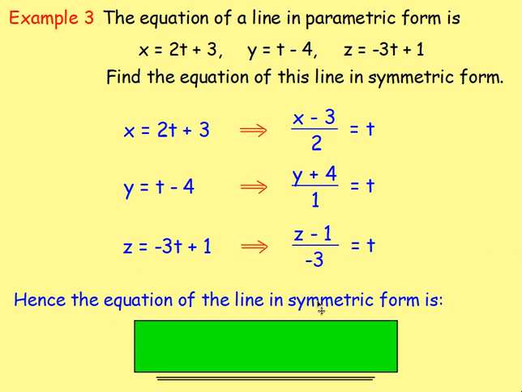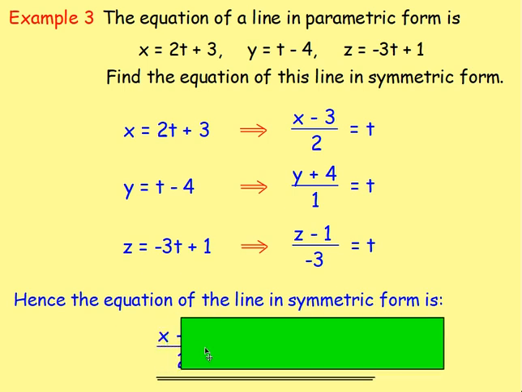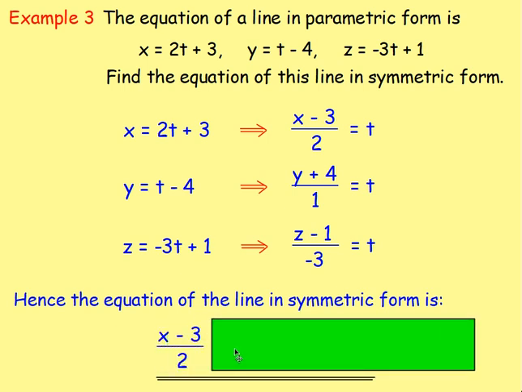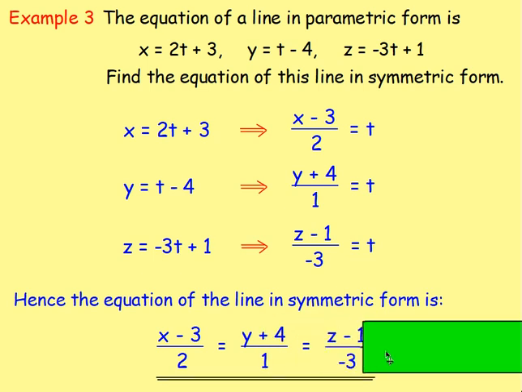Hence the equation of the line in symmetric form: because they are all equal to t, they are all equal to one another. Perfect. So we can say that x take away 3 over 2 is equal to y plus 4 over 1, which is equal to z take away 1 over -3. And that will be the equation of the line in symmetric form.